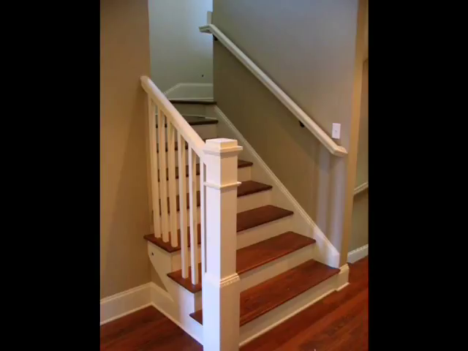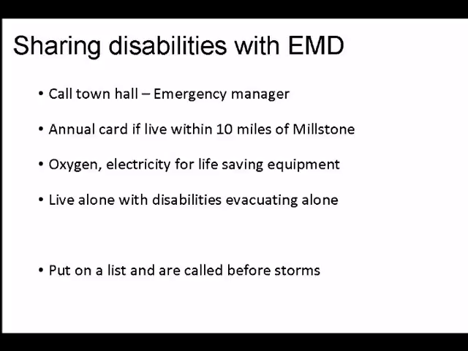So that brings us to the end of our tour, and just a couple other things to mention. Sharing your disabilities with the emergency medical EMTs, yep. You can always call your town hall and talk to your emergency manager, or if you live within 10 miles of Millstone, as some people do in this area, you get an annual card.